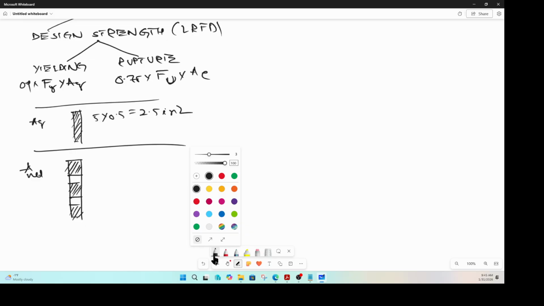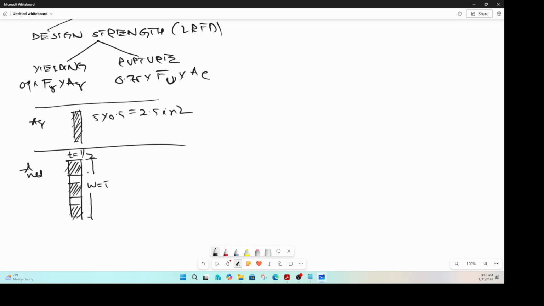How do you calculate that area? So this is the thickness of plate, and this is the width of the plate, which is 5. This is half. To find that, you need to find out what your DH is. DH is the dimension of the hole, because A net is nothing but gross minus 2 times, in this case, 2 times the DH times the thickness of the plate.